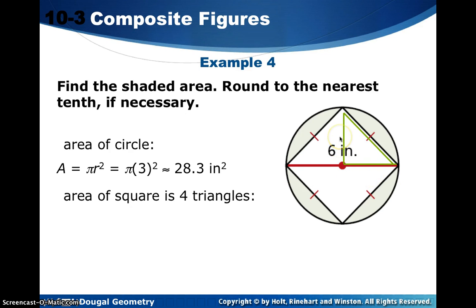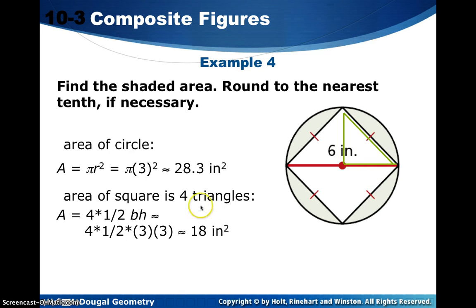So the base and the height of this triangle are both 3. So we say 4 times 1/2 times base times height, 4 times 1/2 times 3 times 3. The area of a triangle is 1/2 base times height, and there are 4 of them. And we get 18 for the entire square.